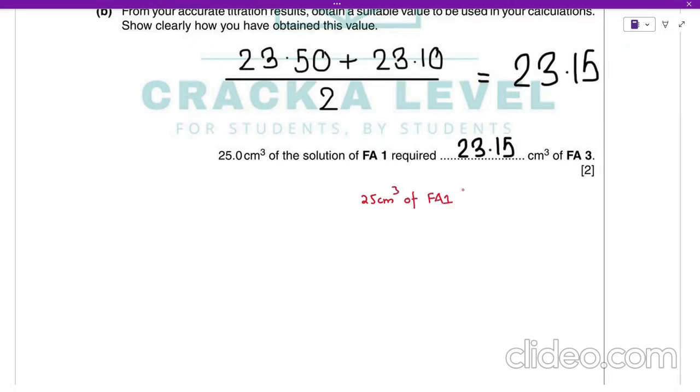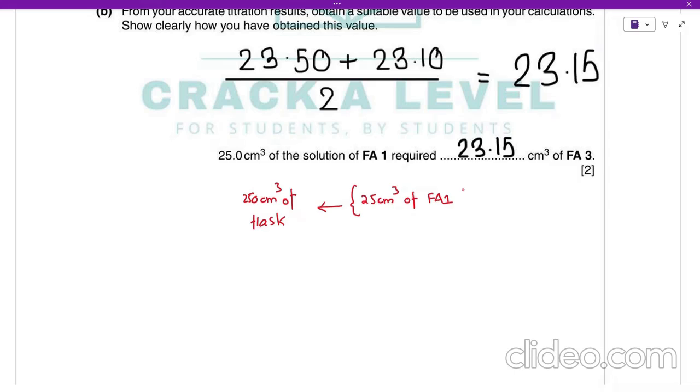And where did it come from? This came from the 250 cm cube volumetric flask. Okay, so I hope it's clear.